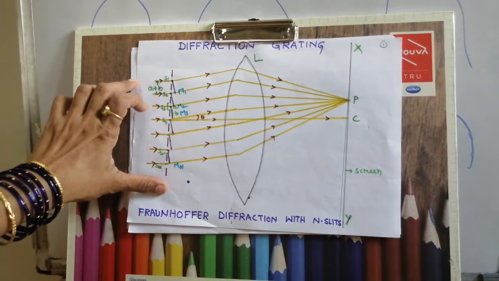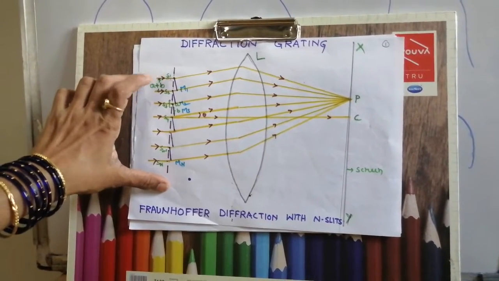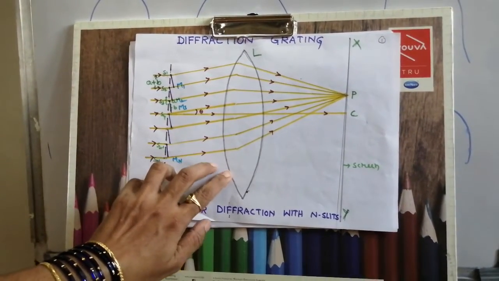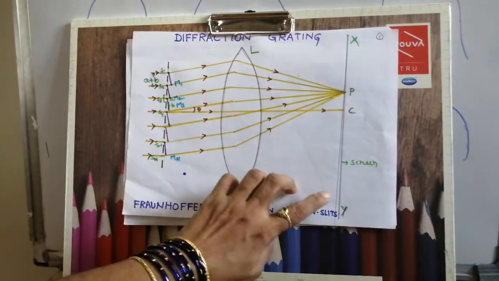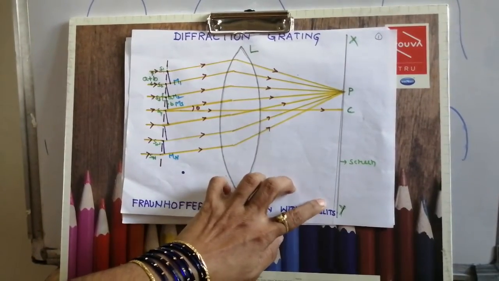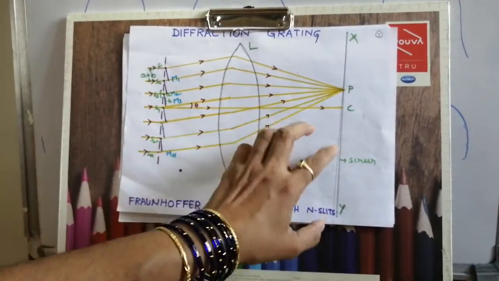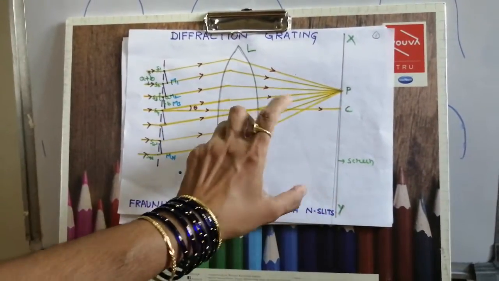S1, S2 up to Sn are the midpoints of these slits. We are using a convex lens to converge the diffracted rays, and we are keeping a screen XY to get the image of these rays.